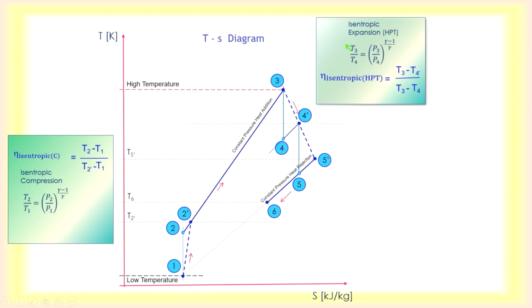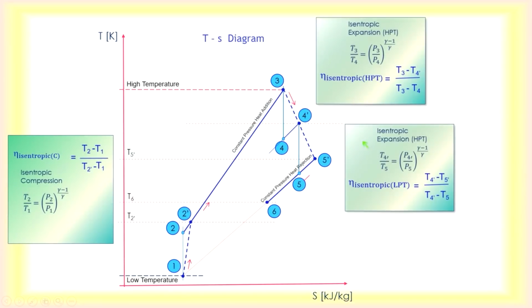That is why this equation is between 3 and 4. Then the isentropic efficiency for the turbine is actual over theoretical. Then for the low pressure turbine, the isentropic process is 4 prime to 5, not 4 prime to 5 prime.